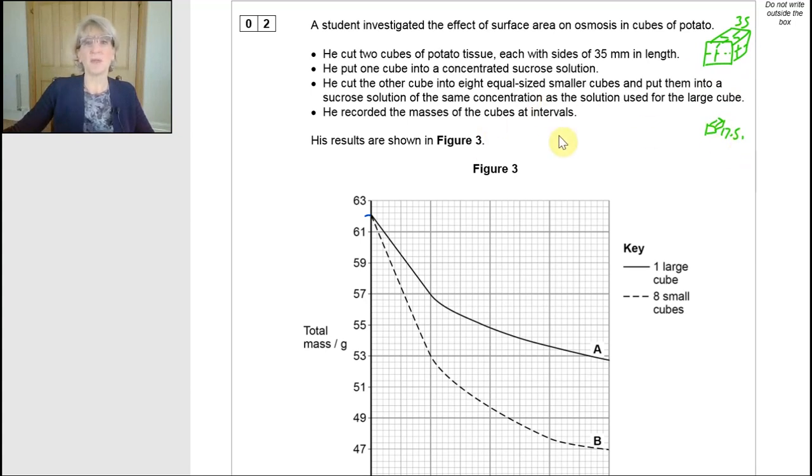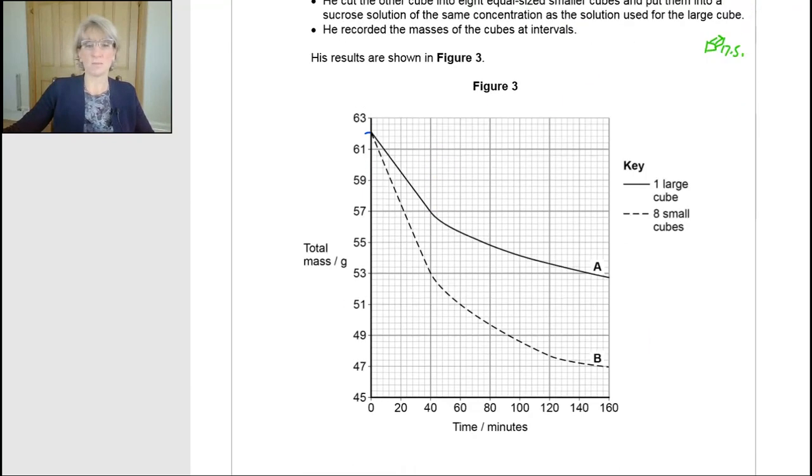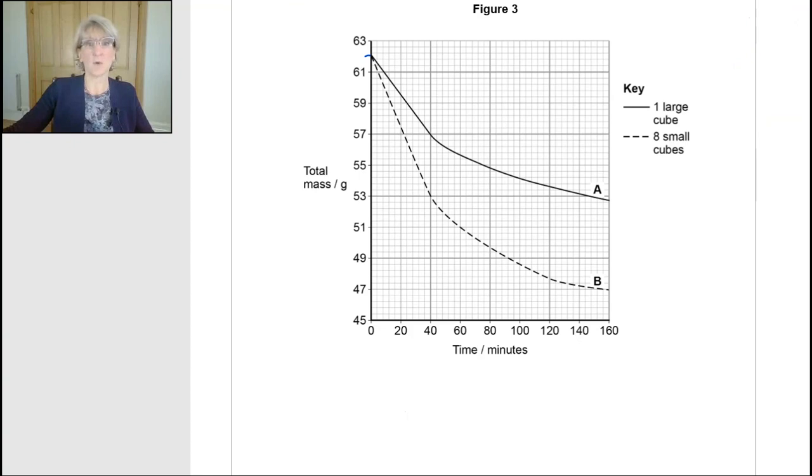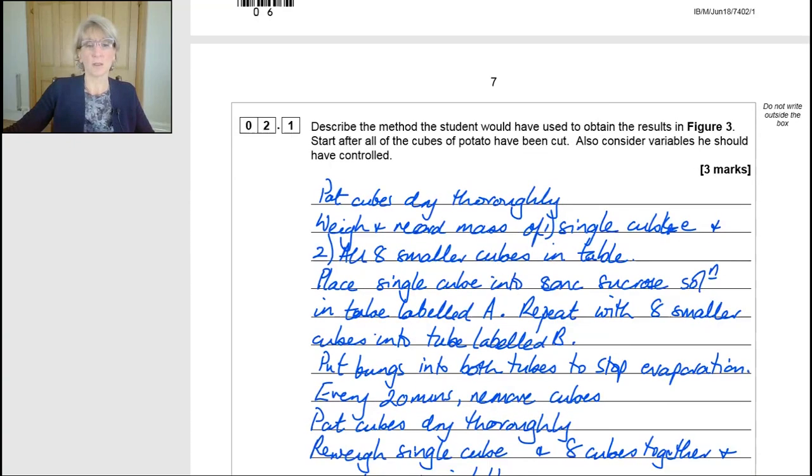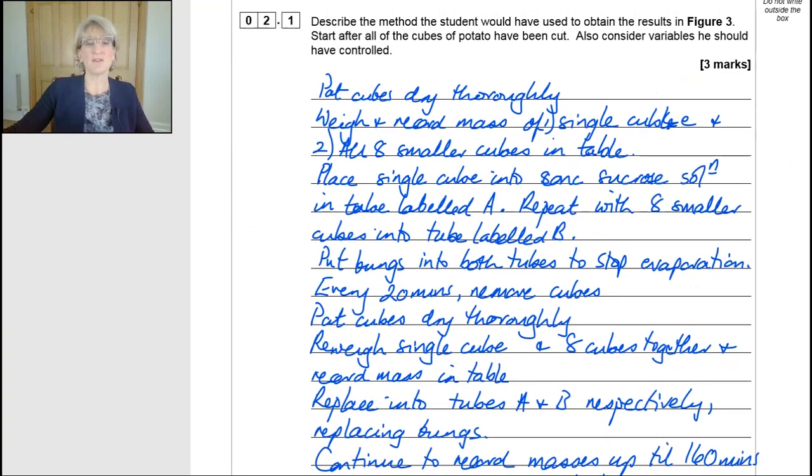And he put them into equal concentrations of sucrose and left them and weighed them. And this is what he got. So, describe the method the student would have used to obtain the results in figure 3. It is worth looking carefully when they give you questions like this.